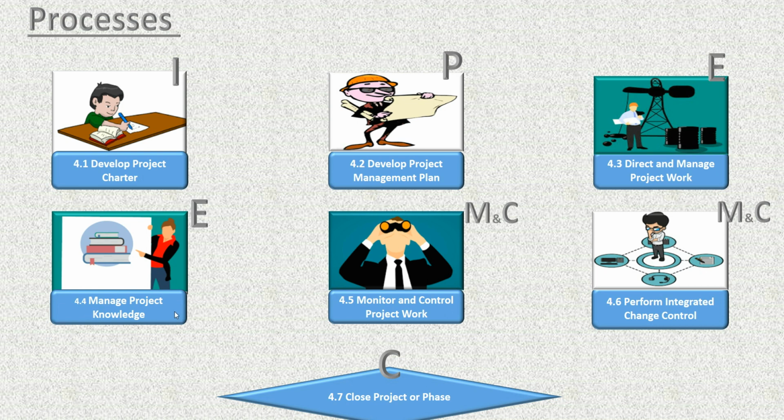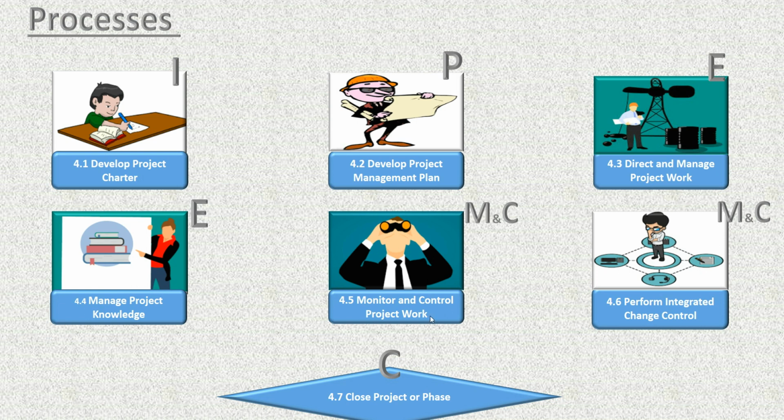Then comes manage project knowledge. Manage project knowledge is nothing but managing the knowledge you have in your project, trying to create new knowledge and reuse your existing knowledge, etc. So this also comes under executing process group because you are actually doing something in this process.